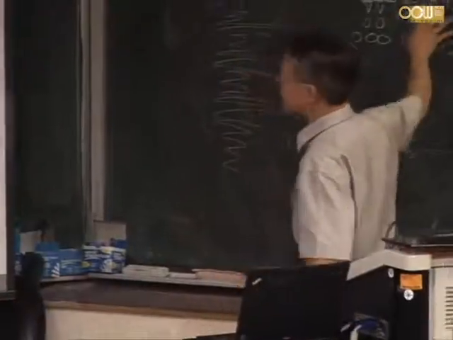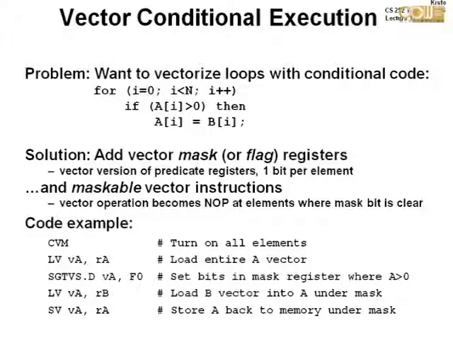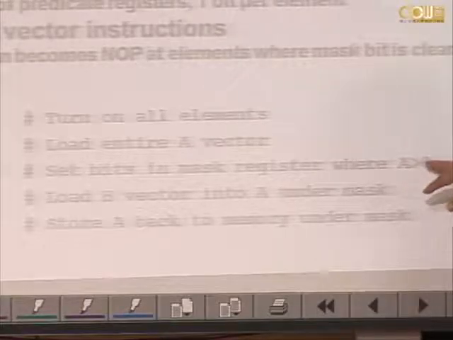Okay, so this is a conditional execution. We need a vector mask register to help us implement this function. So this could mean clear vector mask, load the entire A vector and set bits in the mask register where A is greater than 0.